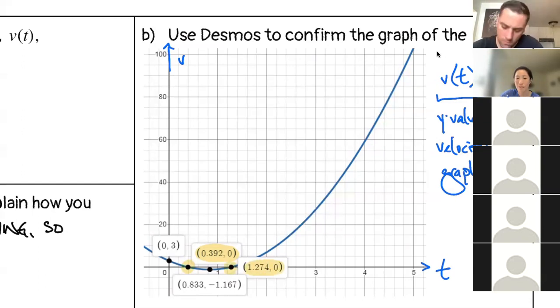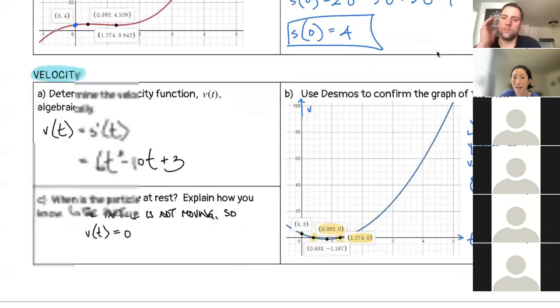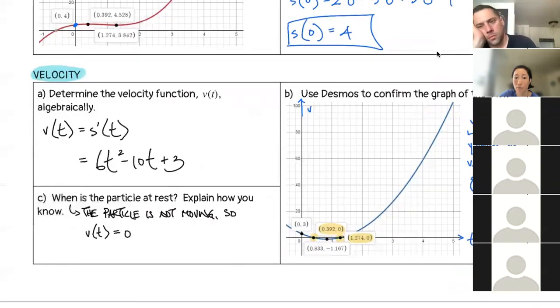So 0.392 and 1.274 would be the two moments in time when that particle is not moving. And so we can write that here to complete our answer. We can say t equals 0.392 and 1.274.